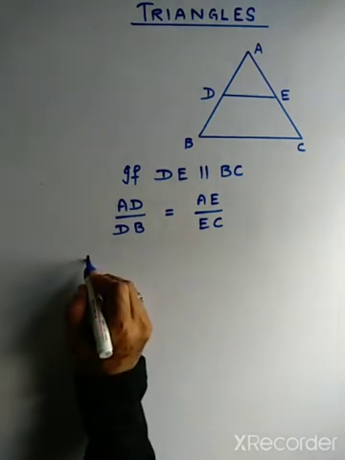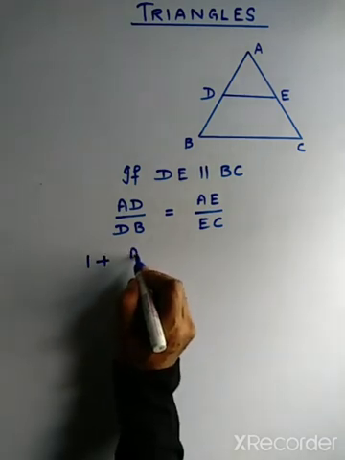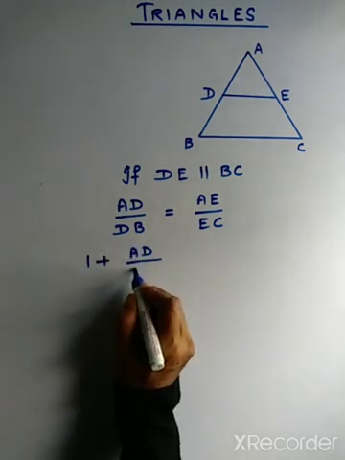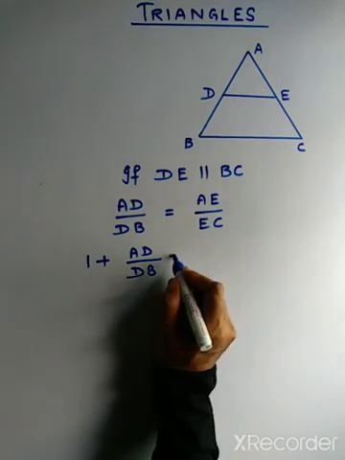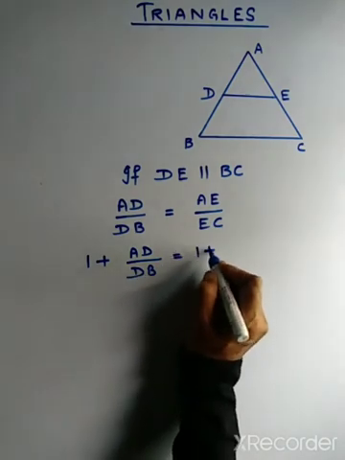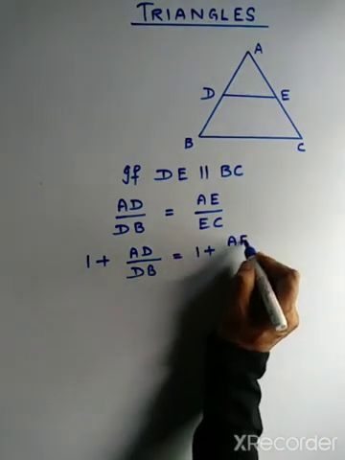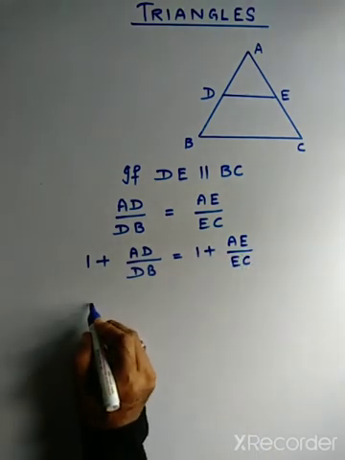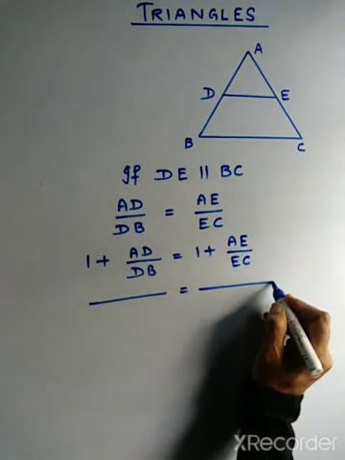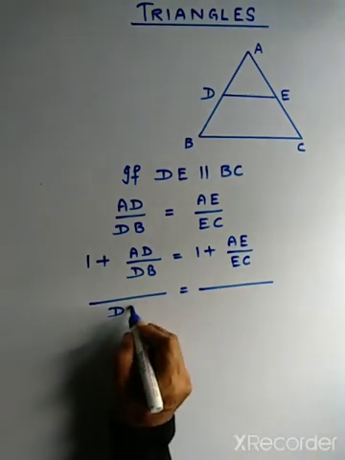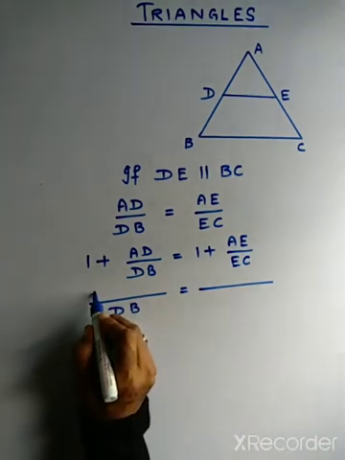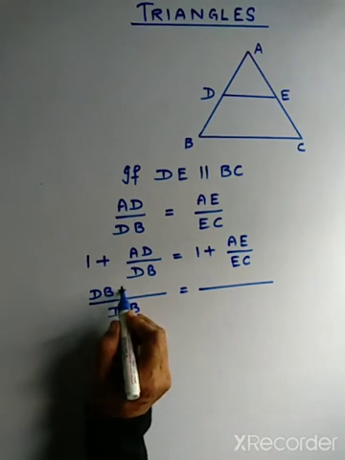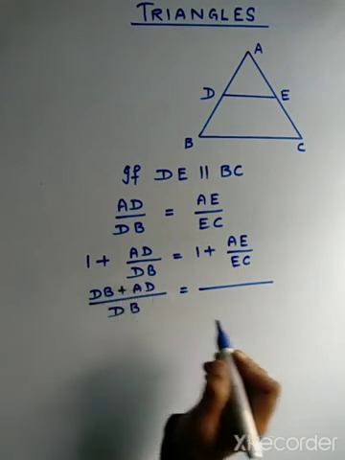Now if we add 1 on both the sides, left hand side as well as right hand side, and take the LCM. So left hand side LCM is DB, so numerator will be DB plus AD.